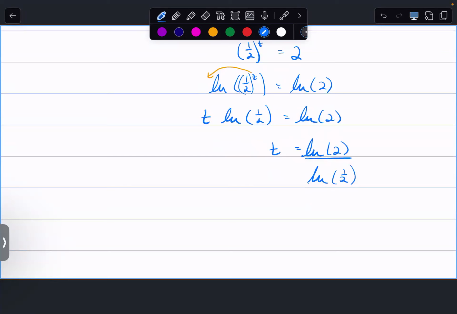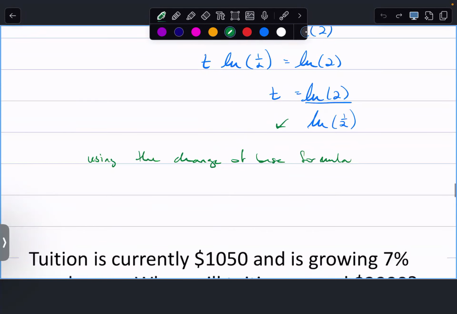By the change of base formula, right? Using the change of base formula, t is log base 1/2 of 2.